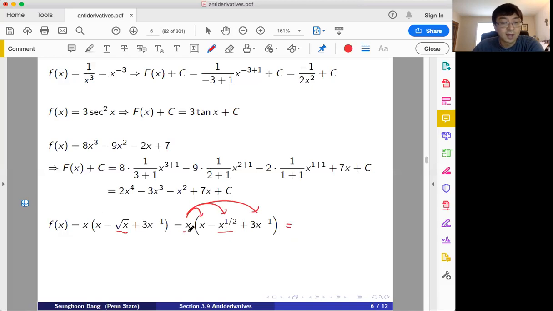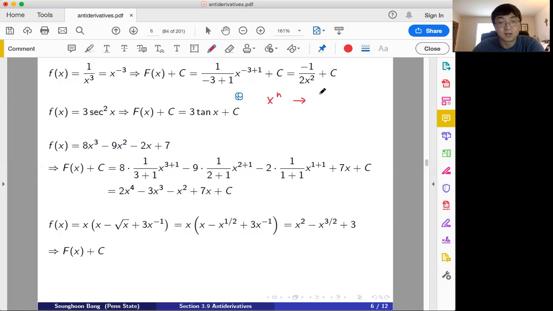The first one, x times x to the 1/2: the power 1 plus 1 over 2 is x to the 3 over 2. Plus 3 times the minus 1 times 1 is x to the 0, and x to the 0 is just 1. Only 3 times 1 is like this. So we have it. Next, find the antiderivative by using the same rule. This is very useful. So here, x to the n.